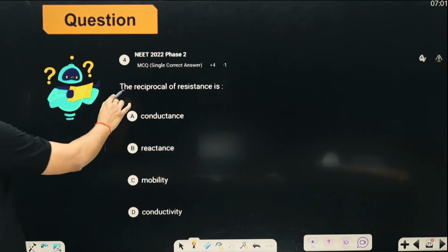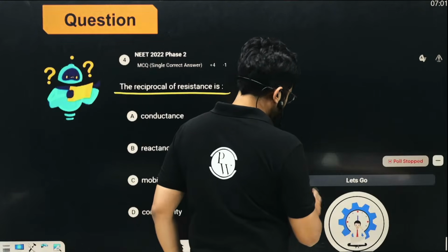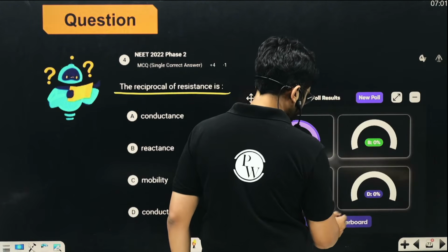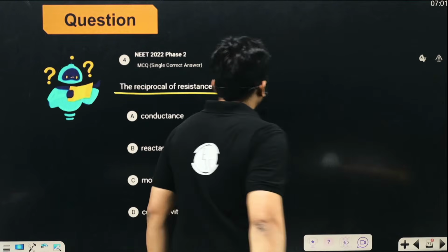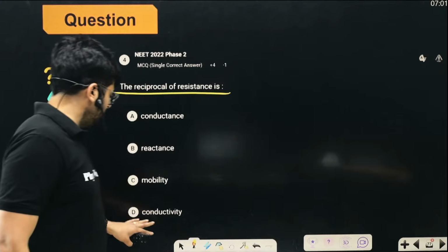Look at this question. The reciprocal of resistance is, again, a 30-second poll. You can answer it. The reciprocal of resistance is: conductance, resistance, mobility, conductivity.